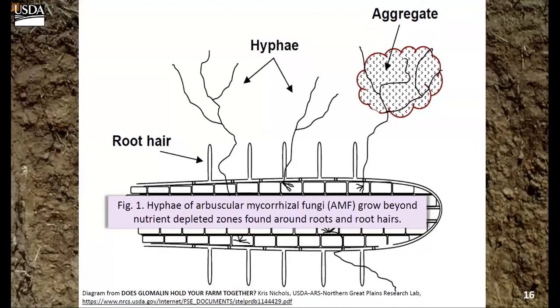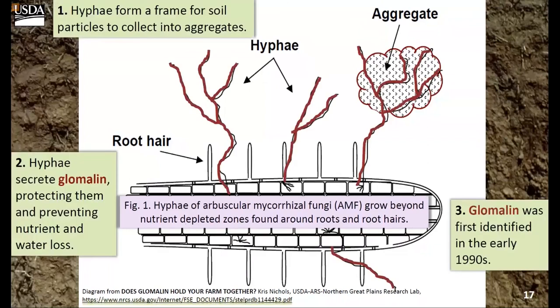This diagram is from an Ag Research Service publication that talks about glomalin. The hyphae form a net that helps hold together the soil aggregates. But then those hyphae are secreting this chemical called glomalin, and that helps protect the hyphae so that as they're transferring moisture and nutrients to and from the plant, they don't lose it. It doesn't leach out into the soil.